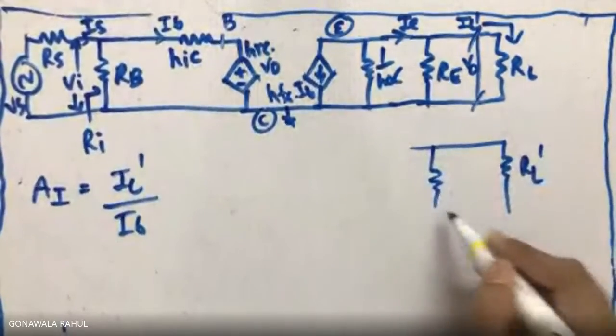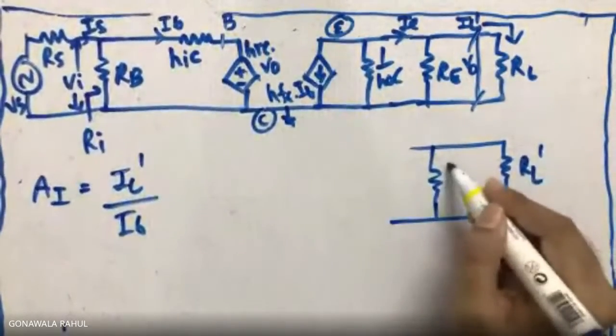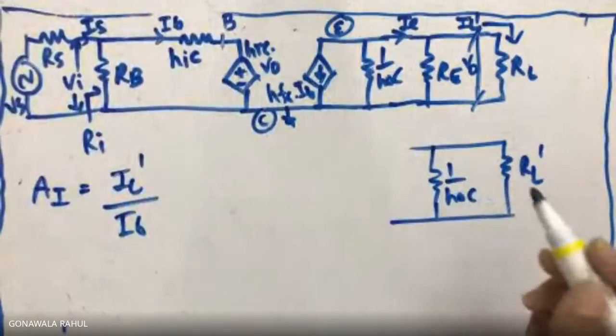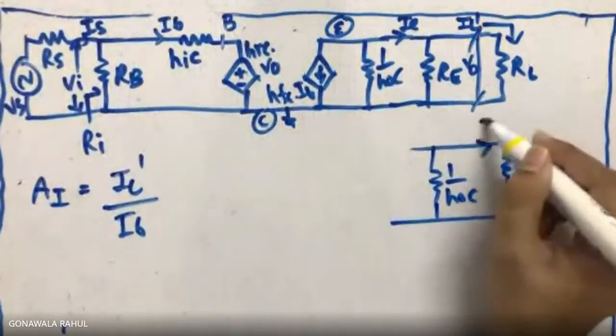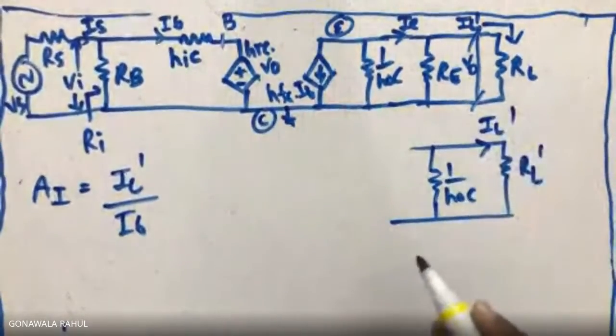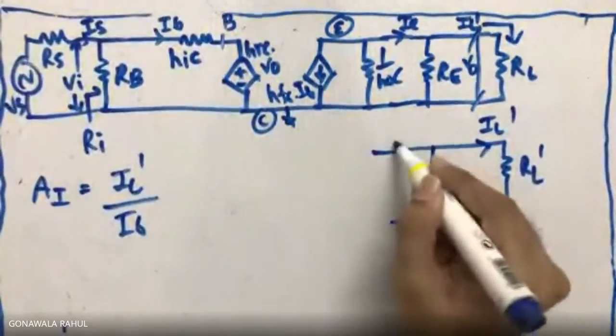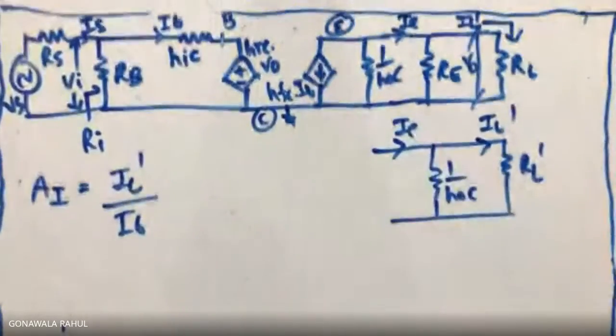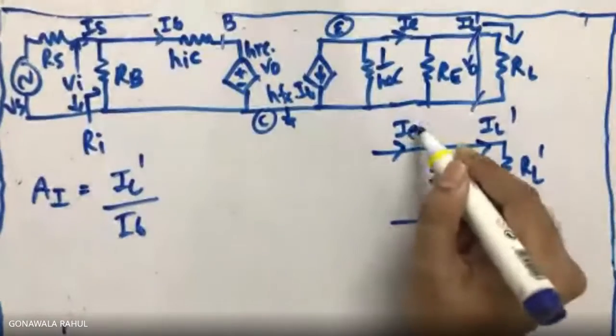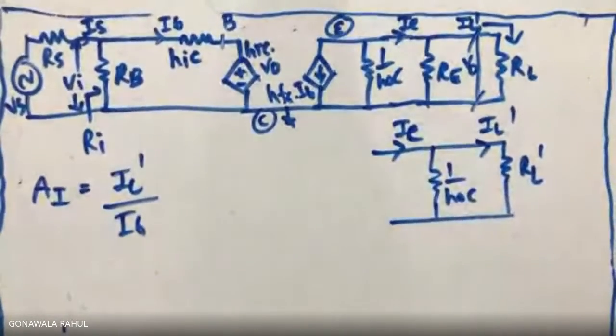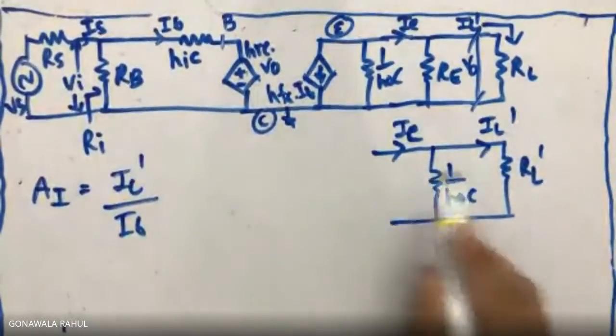Then here we have 1 over HOC. Here the current flowing is IL dash. Here the current flowing is IE, isn't it? It is IE. Okay, good. So this much is clear.